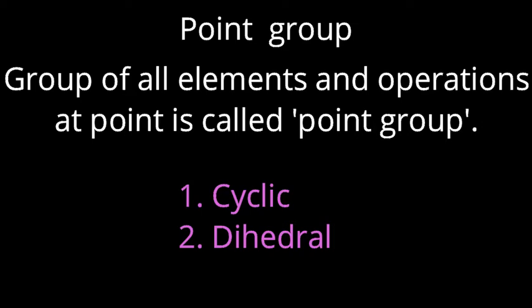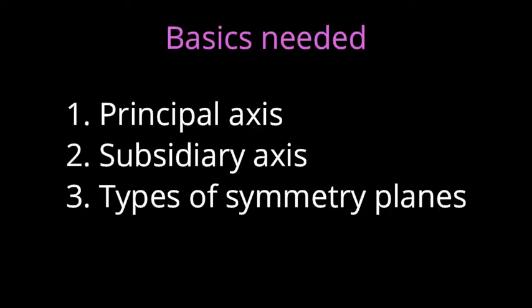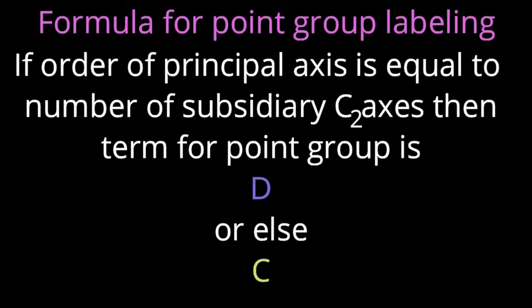For that, a basic knowledge of principal axis, subsidiary axis, types of planes, horizontal, vertical or dihedral, at least should be known to you. Now I tell you one formula. Principal axis has one order, say n is the order.